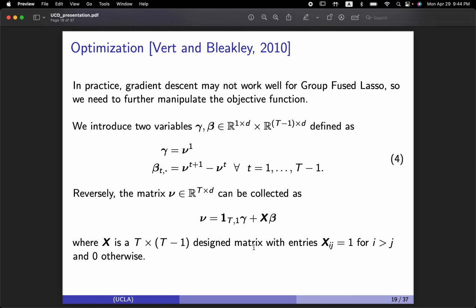Also, in practice, the gradient descent methods may not work well for the group fused lasso penalty. So we need to further manipulate the objective function for the group fused lasso penalty, and we are going to do it in the following way.